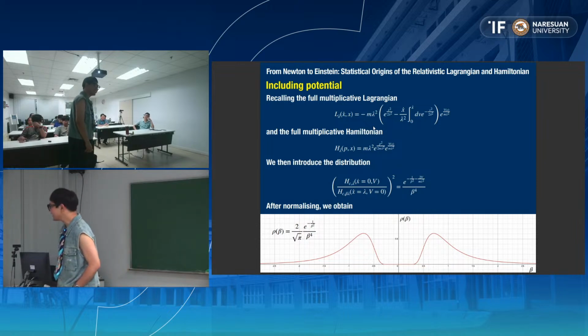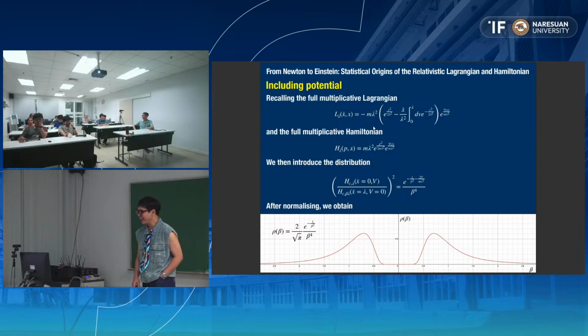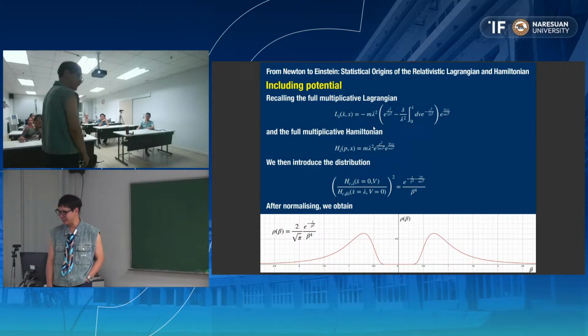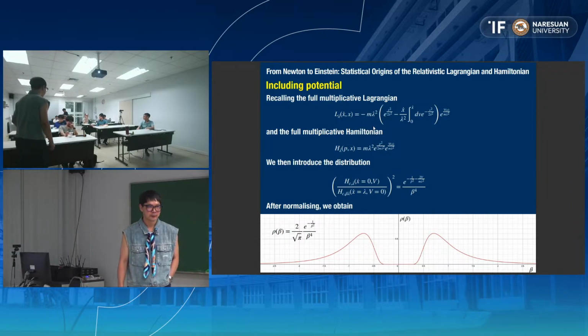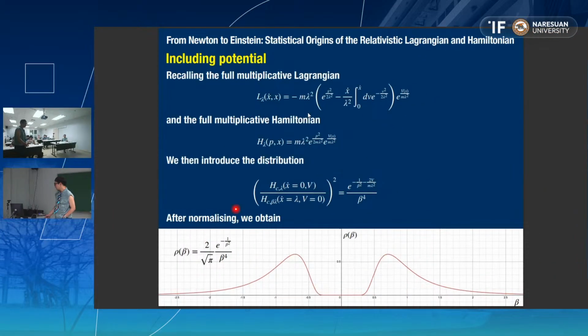This is basic math 101. In the numerator is e to the power of minus 1 over beta squared, this one, right? Yes, beta squared.